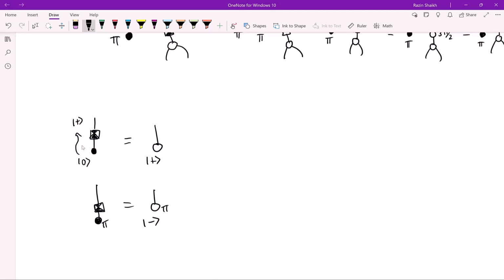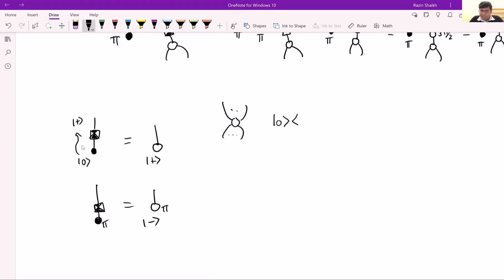I thought that the black one is maybe 0 and then white is 1. Yes, that's true. Unfortunately this can be very confusing if you see this for the first time.